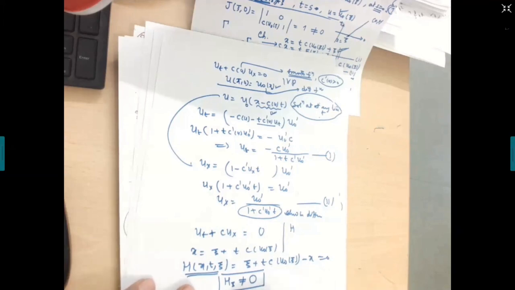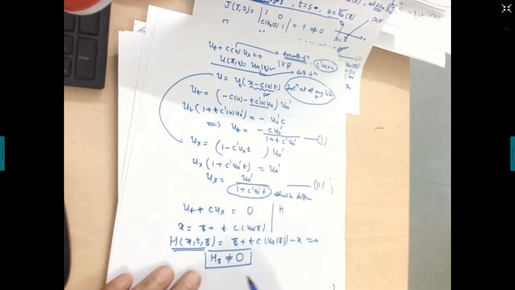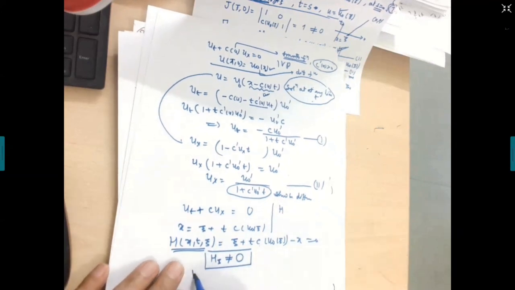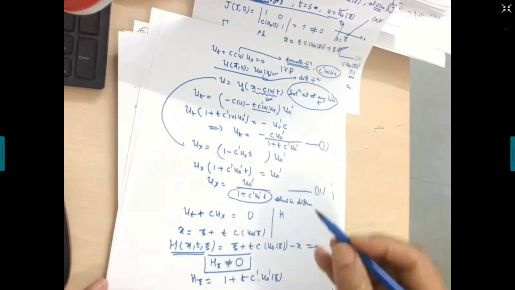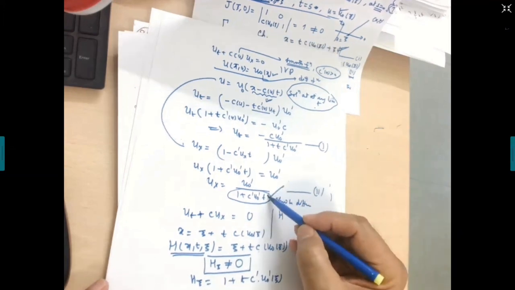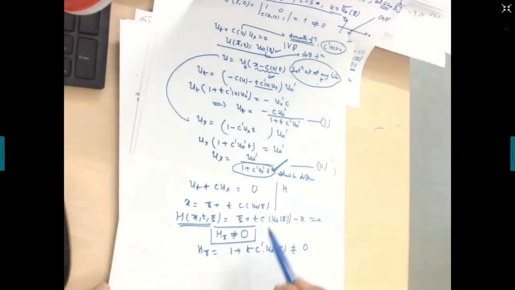Then there is a small neighborhood of this point where the solution exists and is of class C1. So what is h_xi? It is 1 plus t times c dash into u naught dash xi, the same expression which appears in the denominator. So this is equivalent.